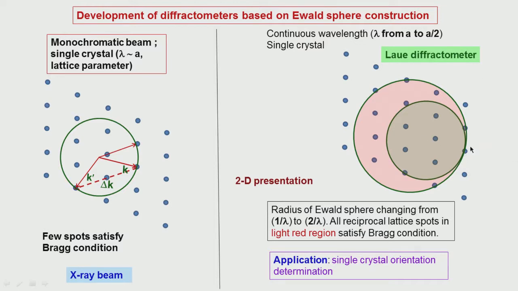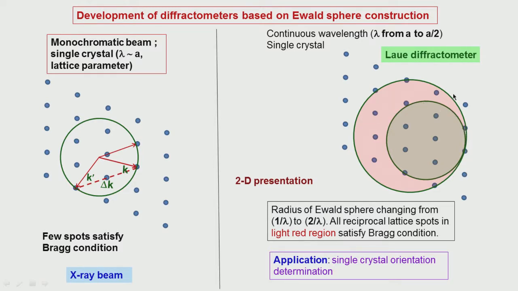If the continuous X-ray falls on this, then with respect to a reciprocal lattice point, the wave vector is going to be in the same direction, but the magnitude is going to be different. So, with this as the point, in this particular direction, we will find the centers at different points. You draw the Ewald spheres corresponding to it.